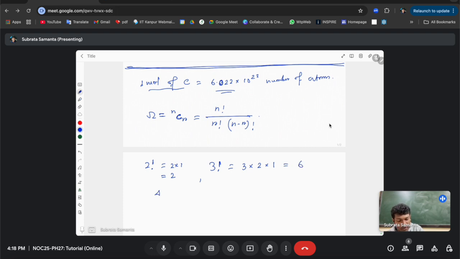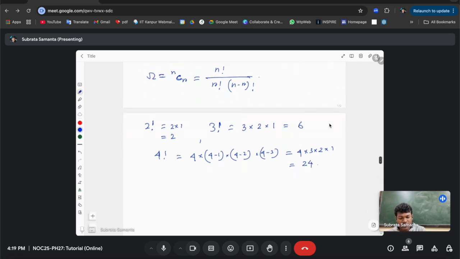And 4 factorial is 4 times (4 minus 1) times (4 minus 2) times (4 minus 3), so it's 4, 3, 2, 1, which is 24. So just look at this change: 2 factorial is 2, 3 factorial is 6, and 4 factorial is 24.